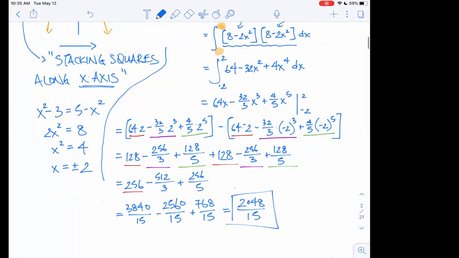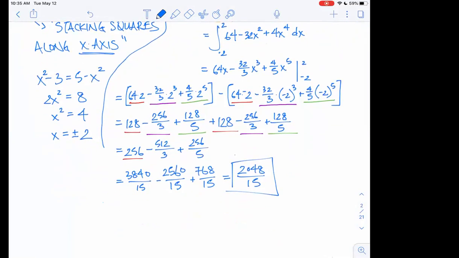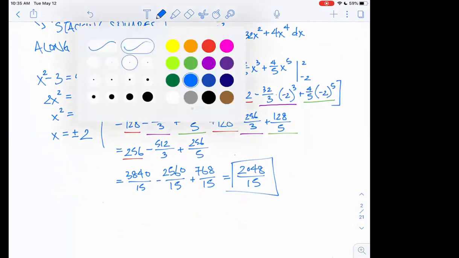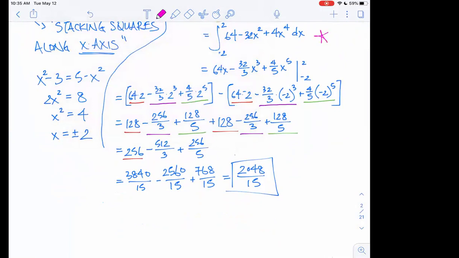So if I were to use symmetry, then maybe let's say at this point, what I would have done is changed it to be 2 times the integral from 0 to 2 of the same thing. Okay, that makes sense.